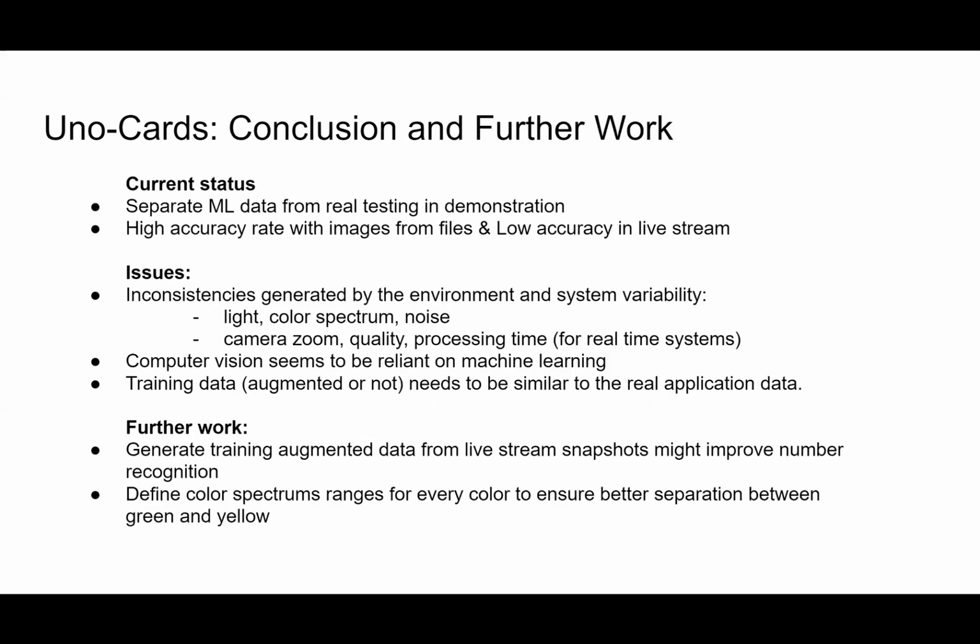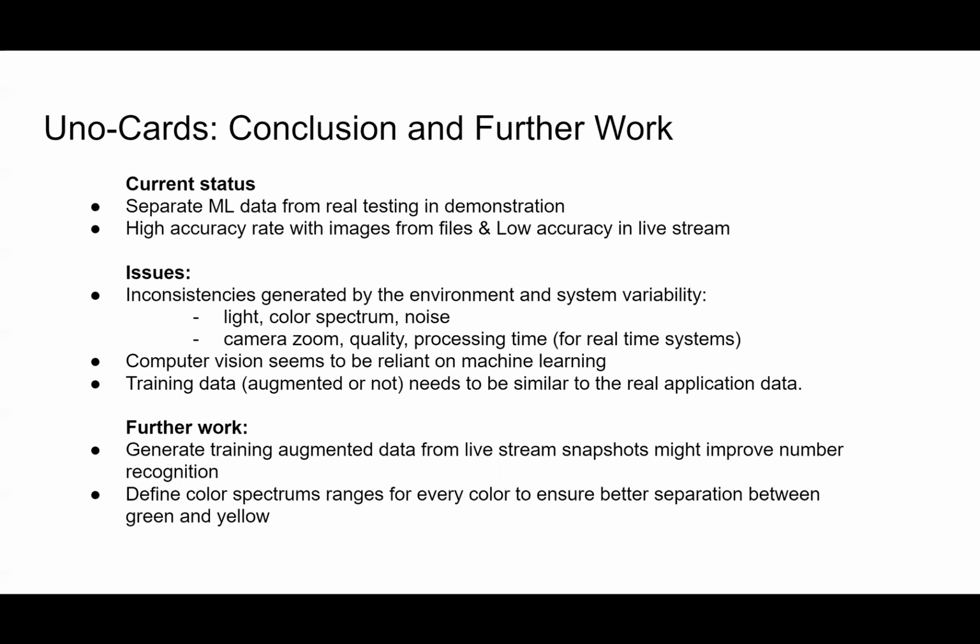In conclusion, the current status is that we separate machine learning data from real testing in demonstration. So we got one set of data for training and testing, and another set of data for demonstration to highlight potential issues and drive solutions for improvement.